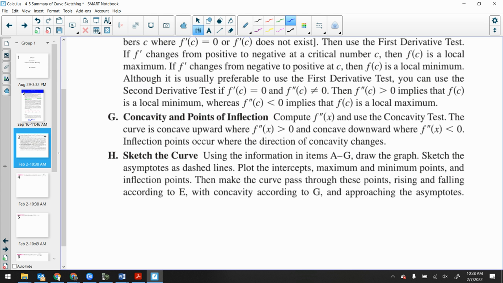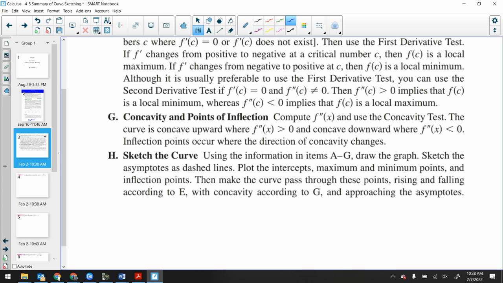Inflection points occur where the direction of concavity changes. You find the critical values of f double prime, and that tells you where the possible inflection points may occur. Possible. You then use your number line test, and then sketch the graph.